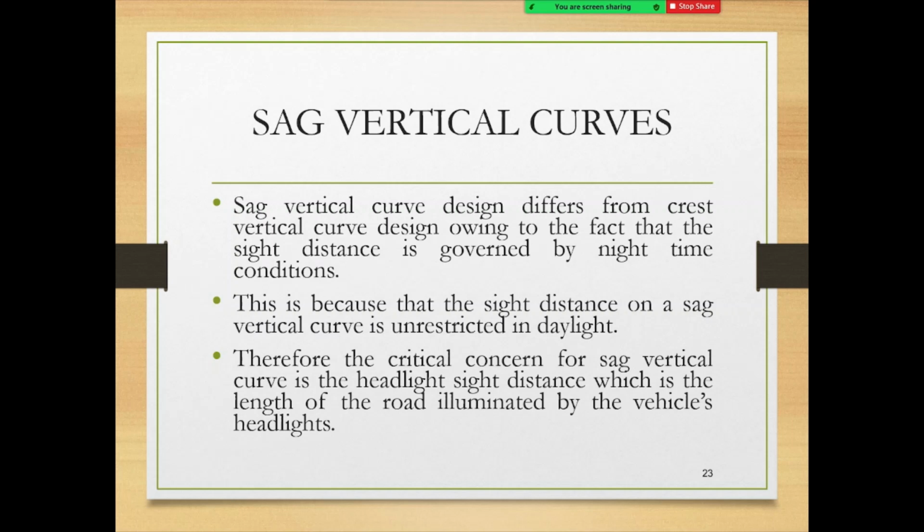But what happens at night time? At night time, the problem depends on your headlight. Depending on the headlight condition, your line of sight can be obstructed. This is because the sight distance on a sag vertical curve is unrestricted in daylight. That is understood, right? Therefore, the critical concern for a sag vertical curve is the headlight sight distance, which is the length of the road illuminated by the vehicle's headlights.